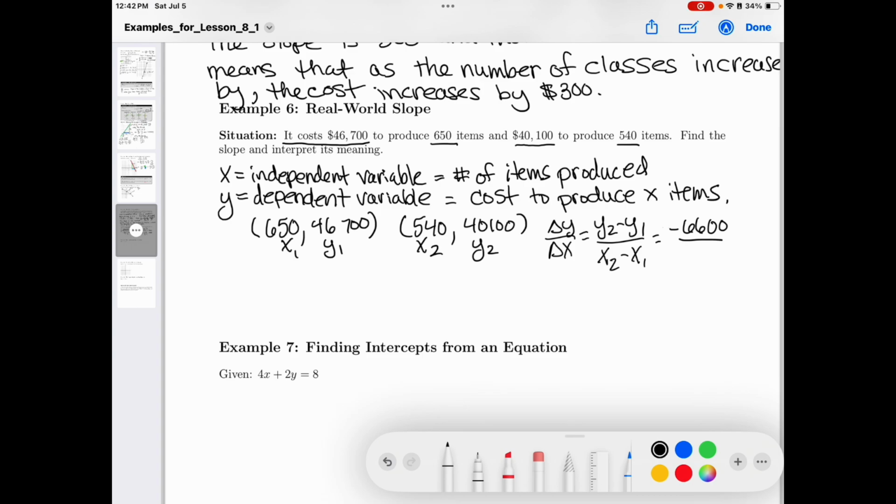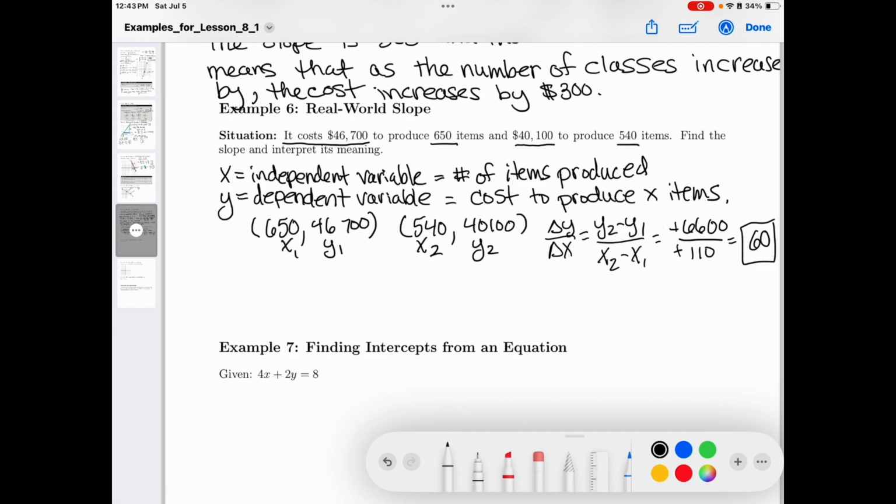Now when I take X2 minus X1, I have 540 minus 650, which is 110, and it would be negative. Now, when I divide 6,600 by 110, that gives me 60. And the negatives, because I have two negatives, that makes it a positive. So my slope is 60.